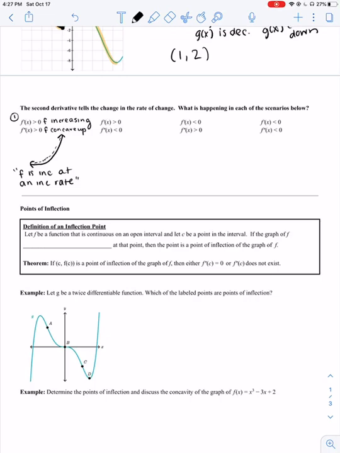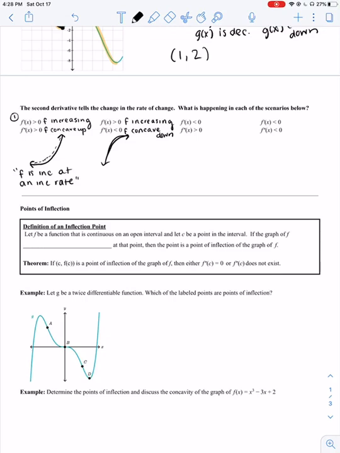Okay, let's look at the next one. For the next one, we have f is increasing still because the first derivative is positive. But now the second derivative is negative. So this tells us that f is concave down. If we sketch this, we still want to be increasing, going up from left to right, but we're going to start off increasing fast and then slow down.